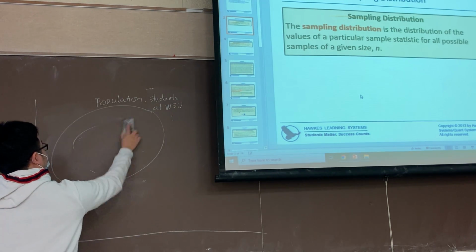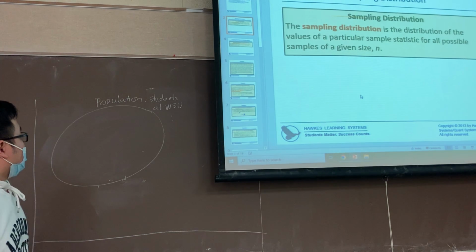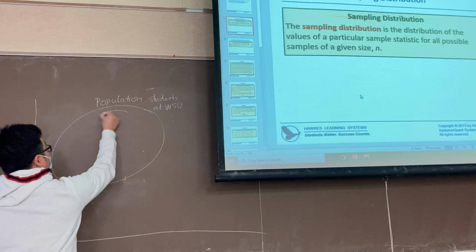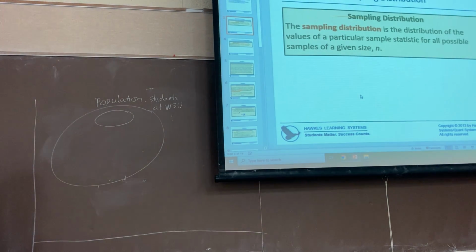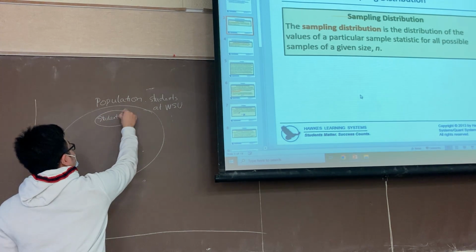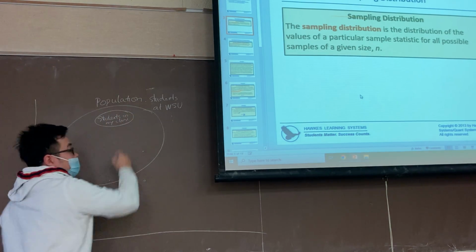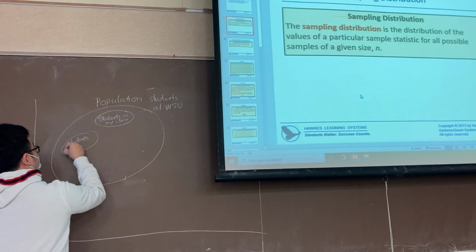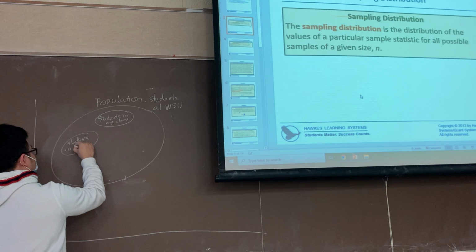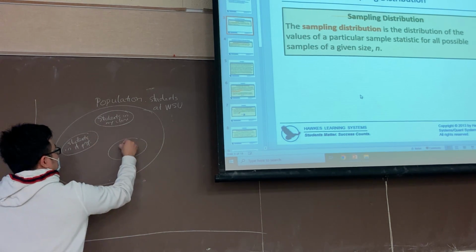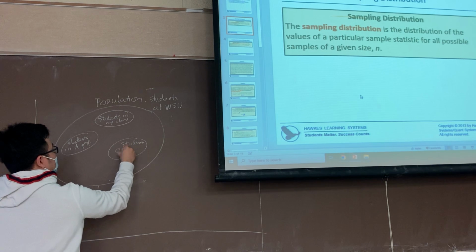When I choose a subset of the population, for example the students in my class, that is a sample, right? Or I choose students in the class of Professor A, or students in another class, class B.